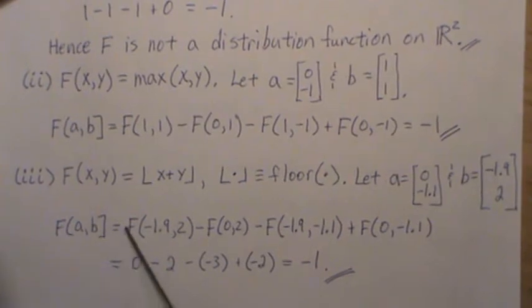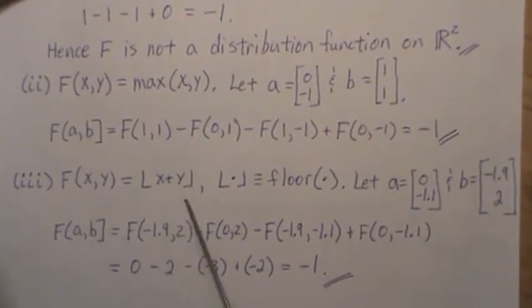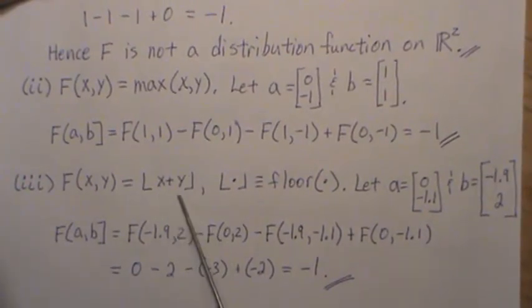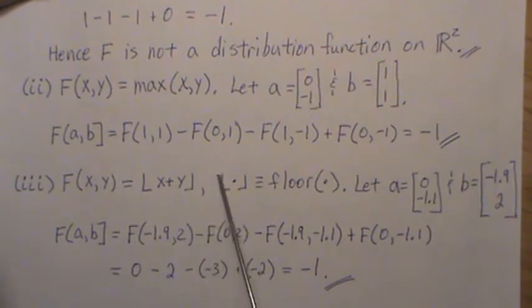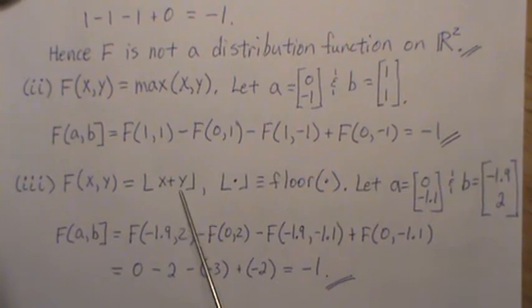So a third example, let's let f of x, y equal the floor of x plus y, right? So the brackets is the floor function. So it's the largest integer less than or equal to this value.